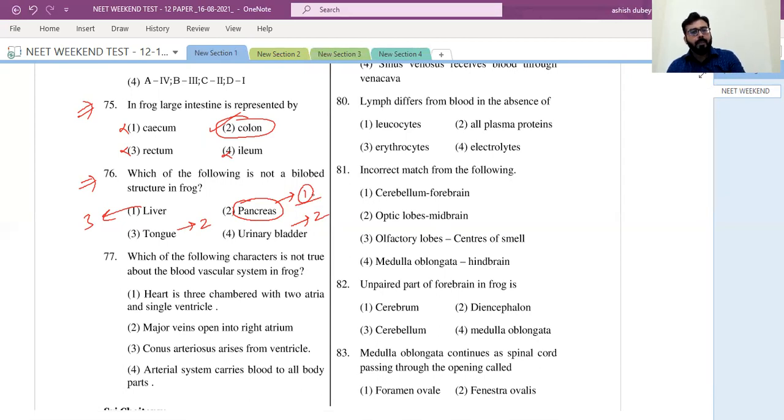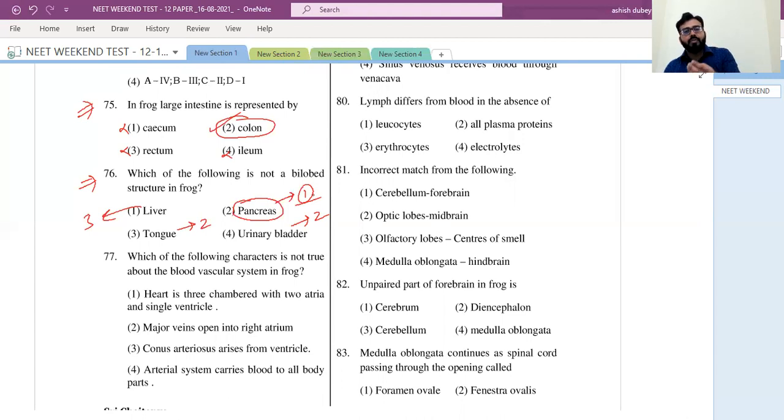Otherwise, it is a little bit different type of question, where the examiner is considering liver as the bilobed structure, or the examiner wants you to choose between the two things. So pancreas is not a bilobed structure.